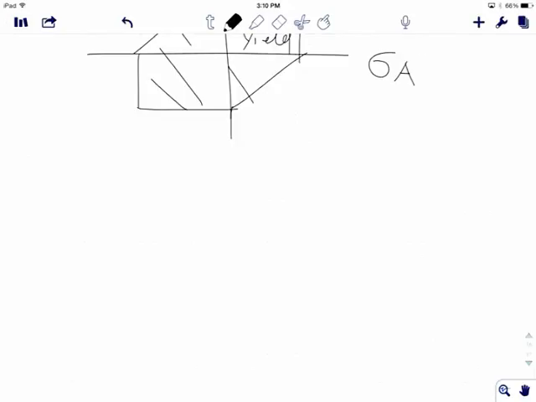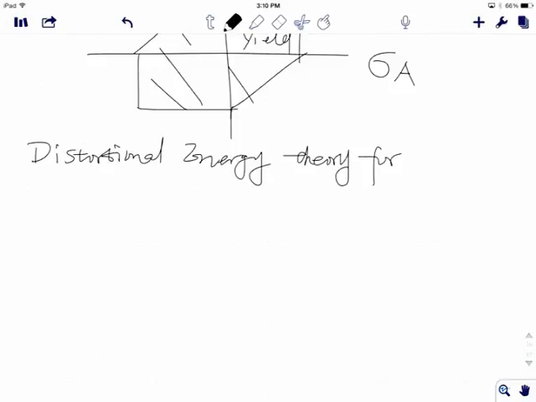So today we are going to move on to the second criterion we're going to focus on, which is called distortional energy. All right, so both maximum shear stress and the distortional energy theory are for ductile materials.